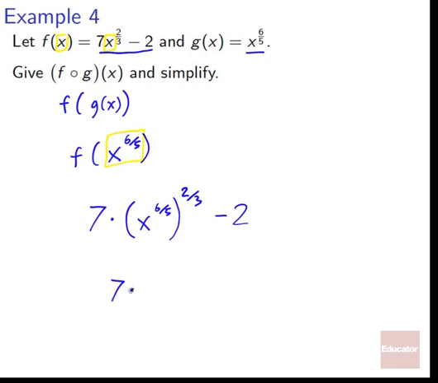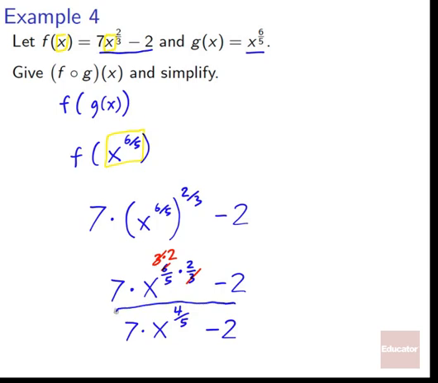So 7 times x to the 6/5, because it's exponentiation on exponentiation, it's multiplication. 2/3 minus 2. 6/5 times 2/3, we notice 6 can be broken into 3 times 2, so that knocks out this 3 and this 3, and we're left with 2 times 2 on the top, so that's 4 divided by 5 minus 2. So 7 times x to the 4/5 minus 2 is what f composed with g comes out to be.